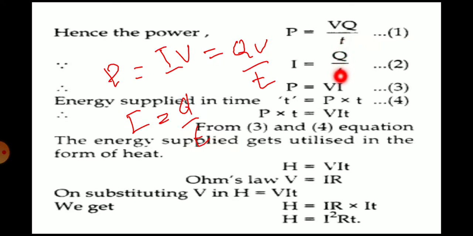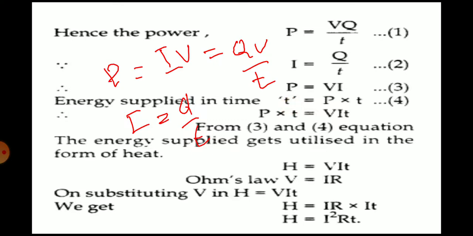Now comes towards this relation. I is equal to Q by T. So P is equal to IV. Here Q by T is replaced by I. P is equal to IV.